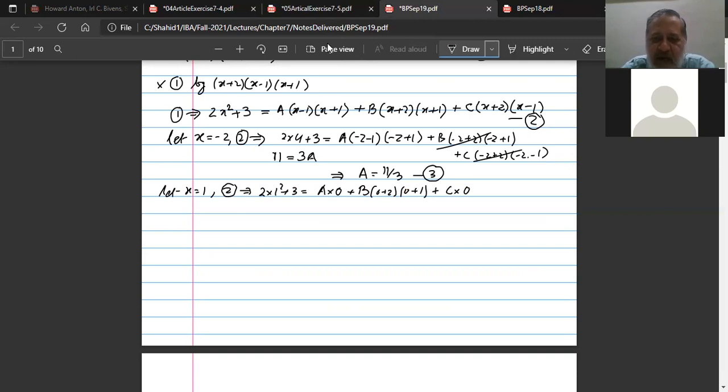So I'm saving time. x is equal to 1 रखूंगा तो 0 हो जाएगा. And then 2 plus 3, 5 is equal to 2 into 1, 2b, and that gives me the value of b to be 5 by 2. The last thing, value of c.